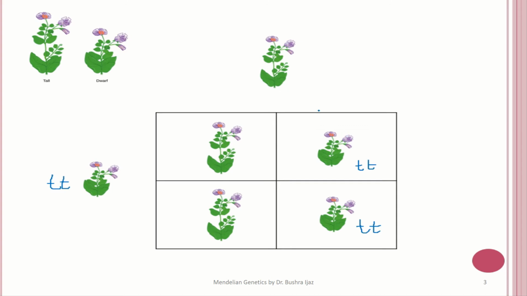So you can easily write small t here, obviously small t here because this has two small t's. And now you can easily solve the problem by putting capital T here and you will get the allelic combination of this plant, which is heterozygous tall. Heterozygous tall, right? And both of these two tall plants are actually heterozygous tall plants.